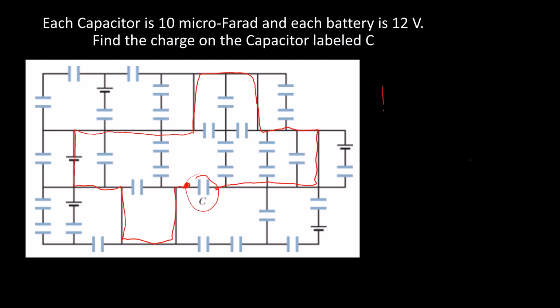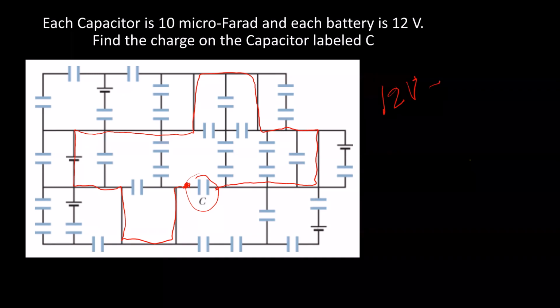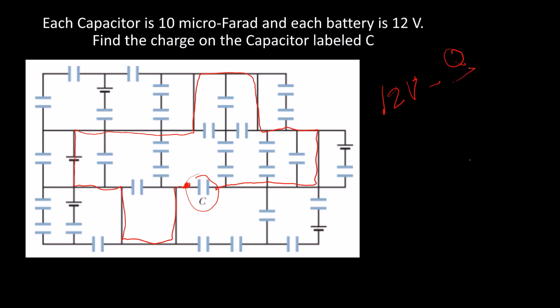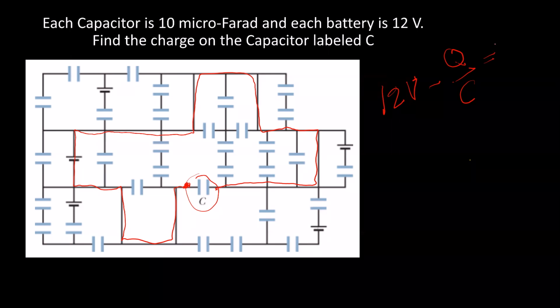So you get 12 volts, and when you pass through this, you get negative Q over C, because that's the voltage of the capacitor. The charge on the capacitor divided by the capacitance. And that's equal to 0 according to Kirchhoff law.